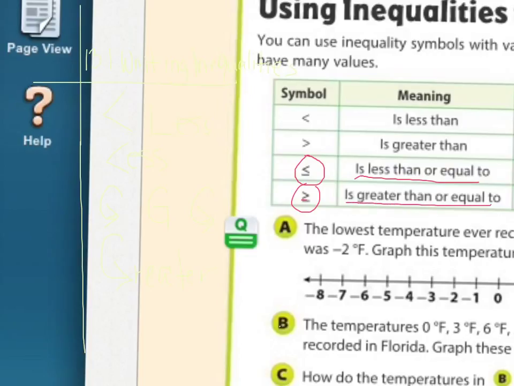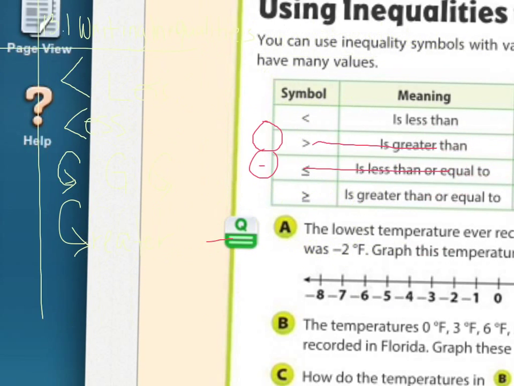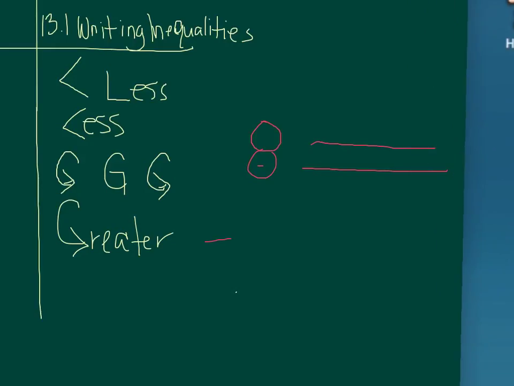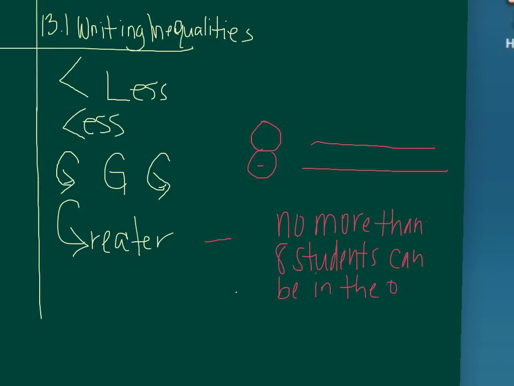So if you want to use those in real life, you could say, like, no more than 8 students can be in the office.